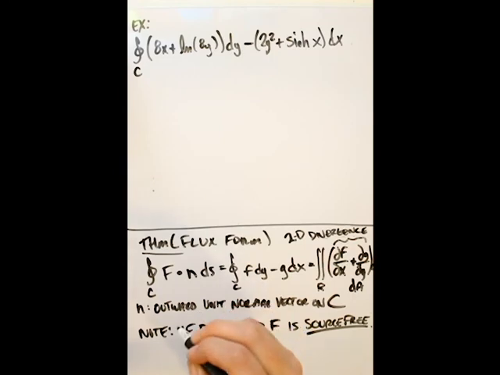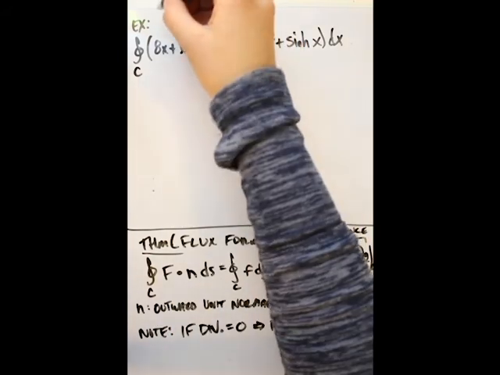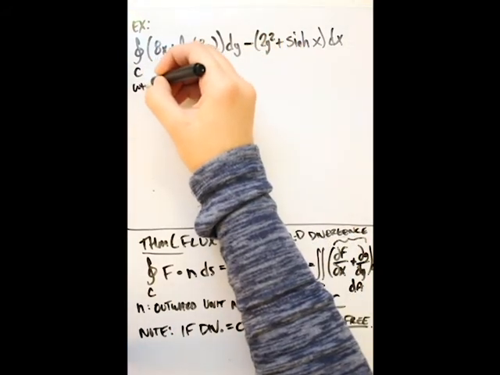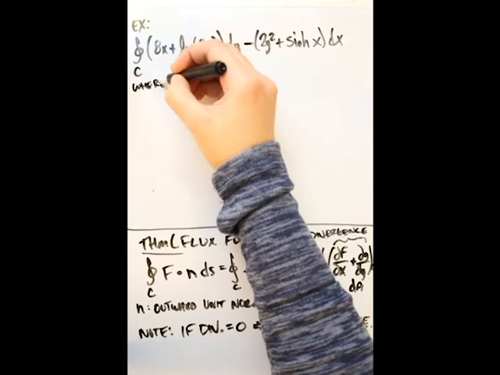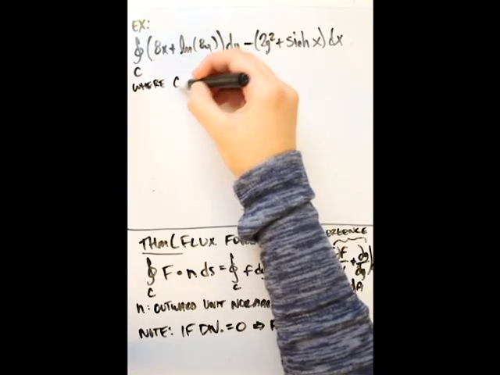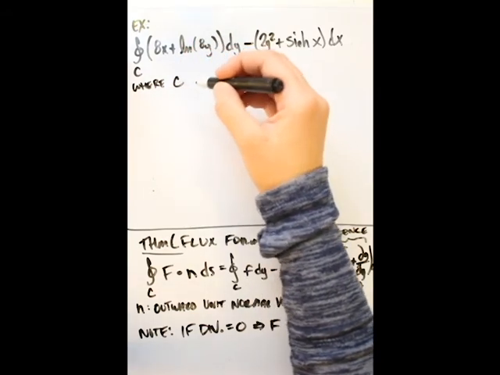Okay, and then our region C, we're assuming that the curve is oriented counterclockwise, and it's defined by the vertices of a square.